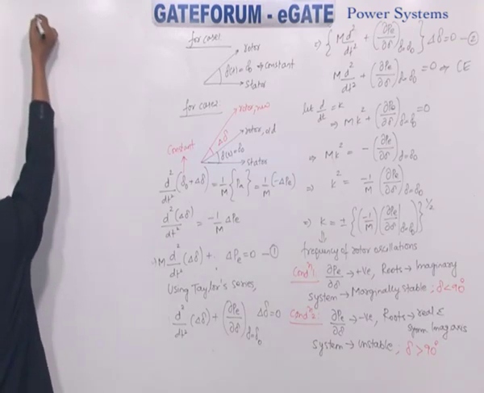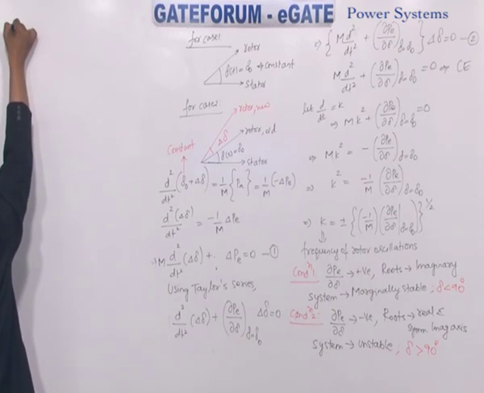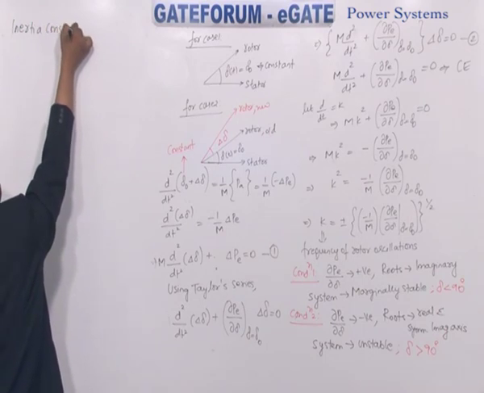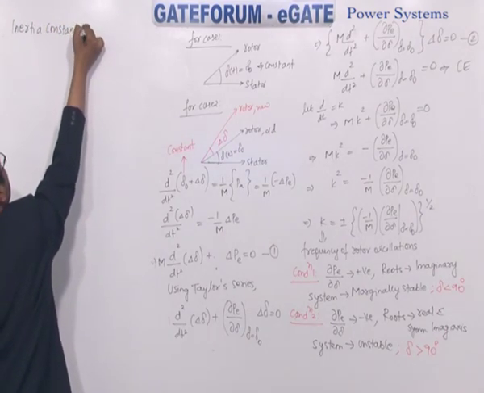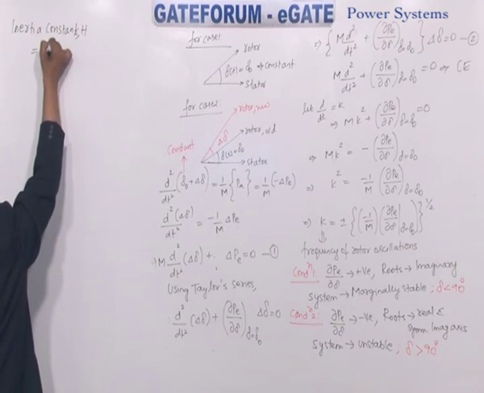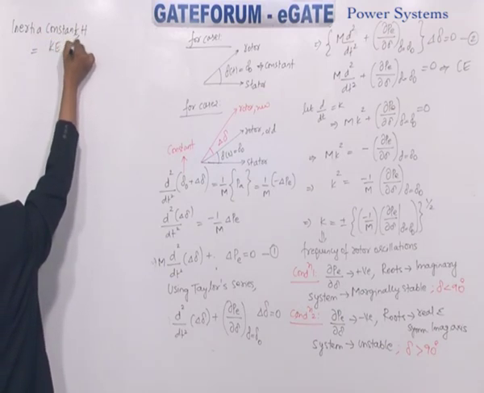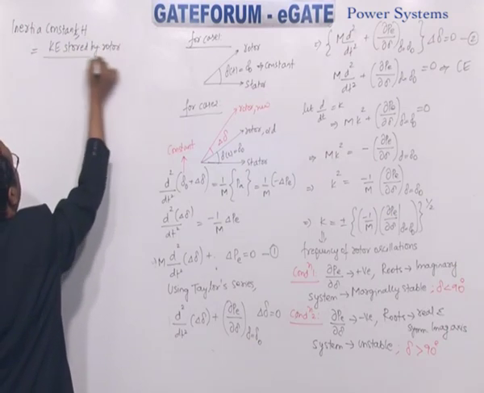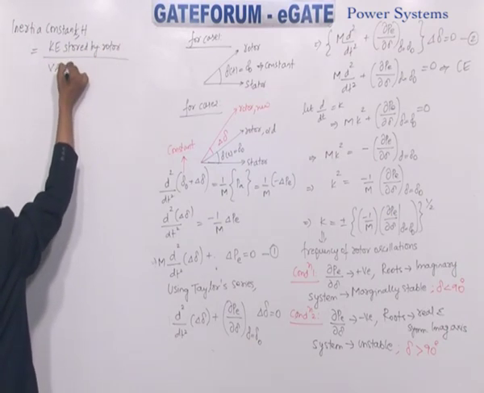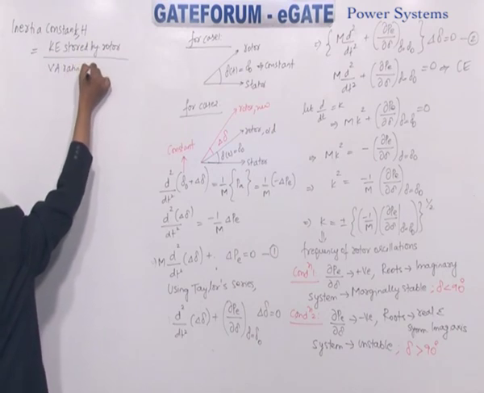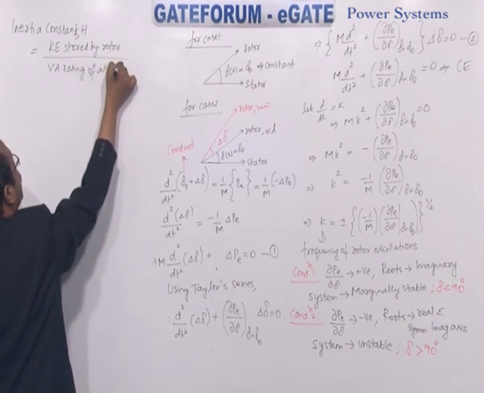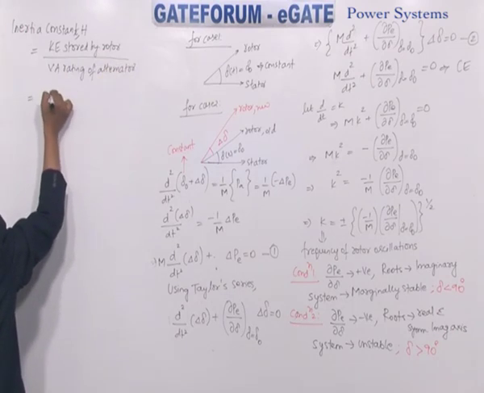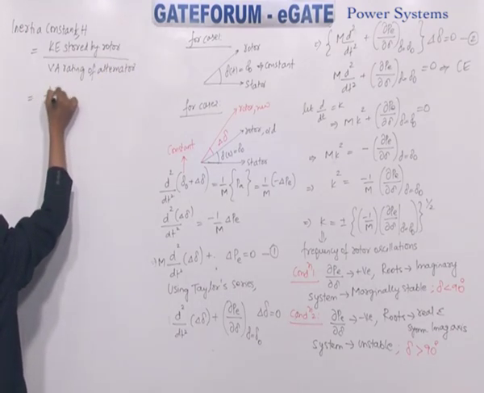Now we refer to the next important term in stability, that is the inertia constant H. How to write the inertia constant H? It is the kinetic energy stored by the rotor divided by the volt ampere rating of the alternator. So what is the kinetic energy stored by the rotor?